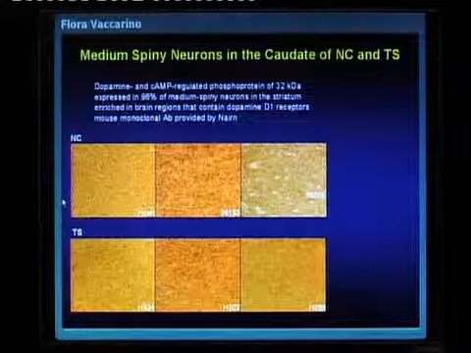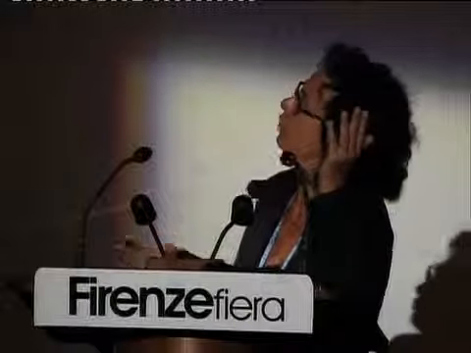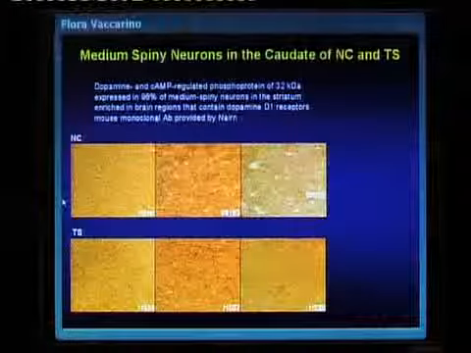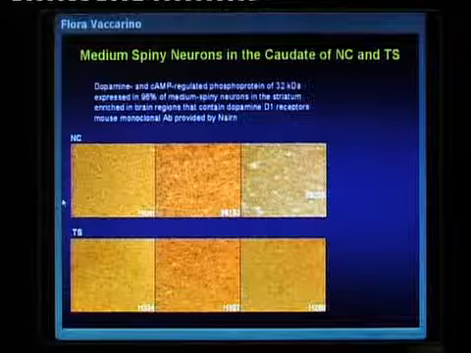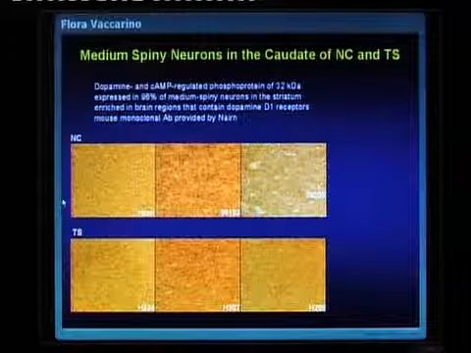So next we wanted to make sure that this is a selective change. And as you saw before, these interneurons are only a small part of the cells in this region. 95% of the neurons are the medium spiny neurons. These are the projection neurons that go from the striatum to the globus pallidus. We stain them using DARPP-32, a dopamine and cyclic AMP regulated phosphoprotein, that's the name of this. Using a monoclonal antibody, you can see how many of these cells are there in the striatum.